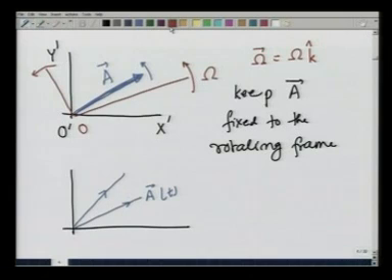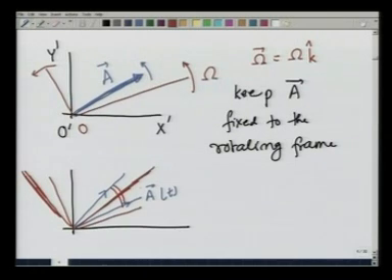The rotating frame initially was like this, and after time delta t, it has become like this. Let us make it slightly thicker, where this angle here is omega delta t. The blue one is showing you vector A at time t plus delta t.